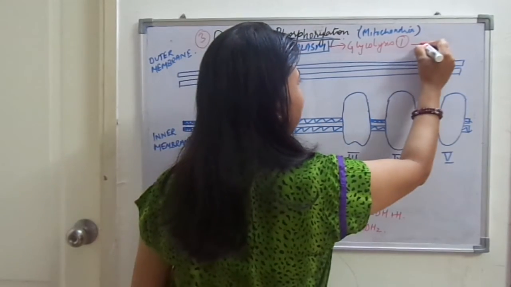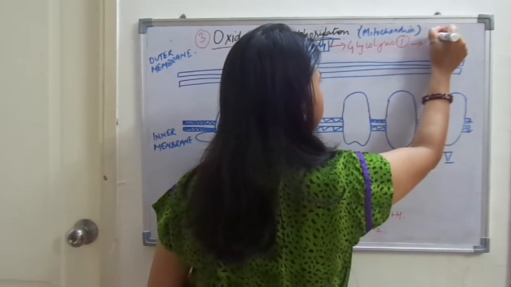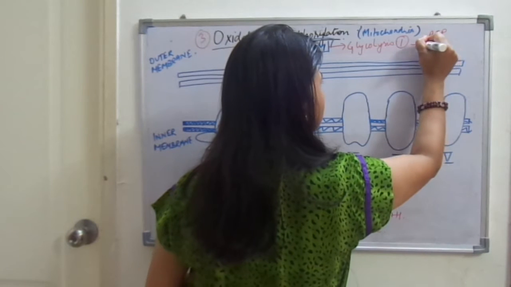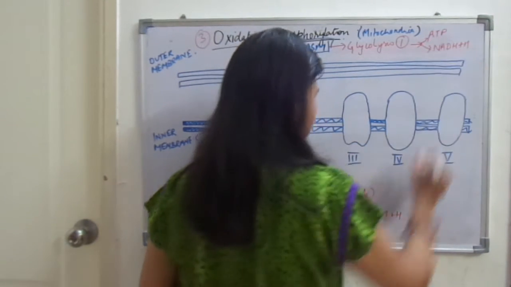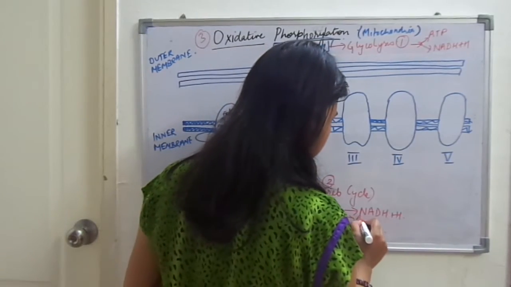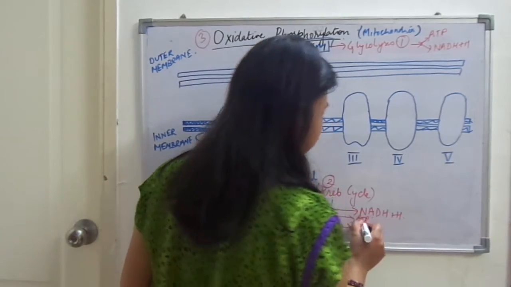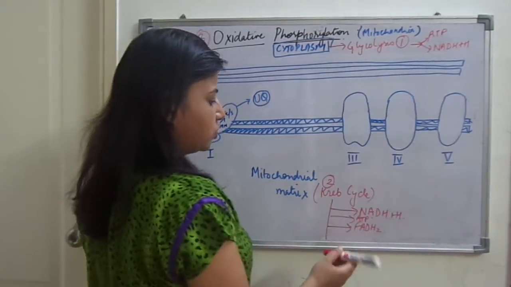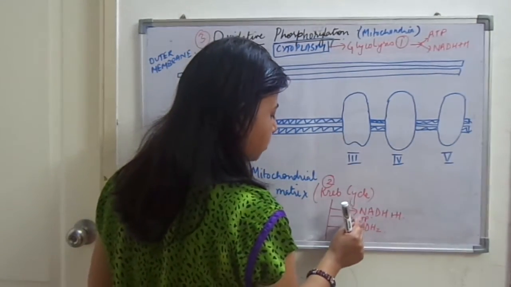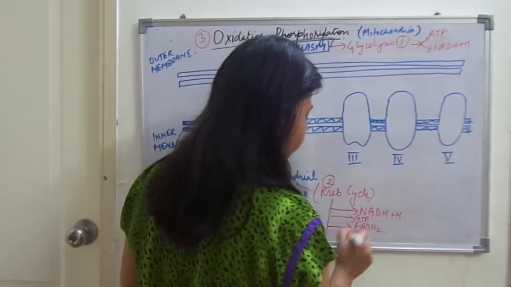Similarly, during glycolysis also ATP is produced and another energy equivalent, that is NADH plus H, is produced. Here also ATP is produced. Now ATP is okay, ATP is the energy that is being produced over here and over here, which is very less. Here ATP is not produced, it is GTP.